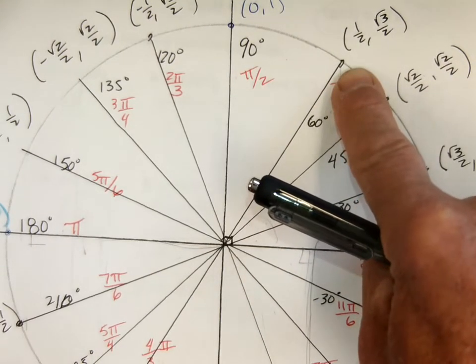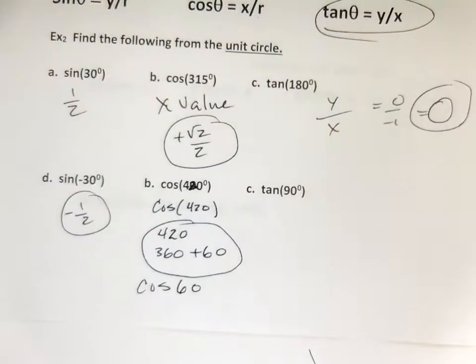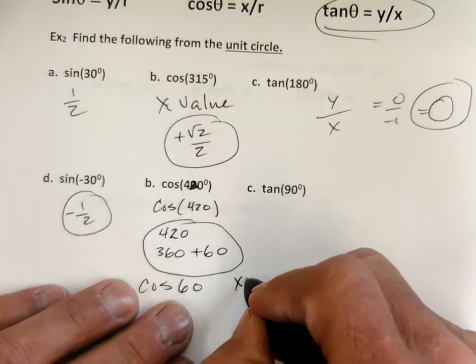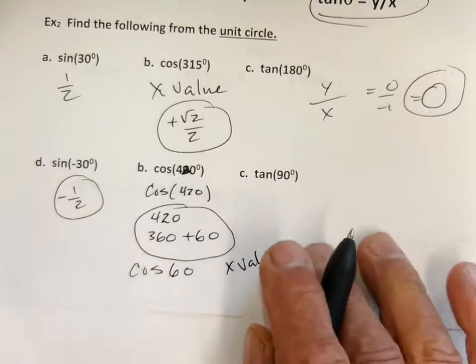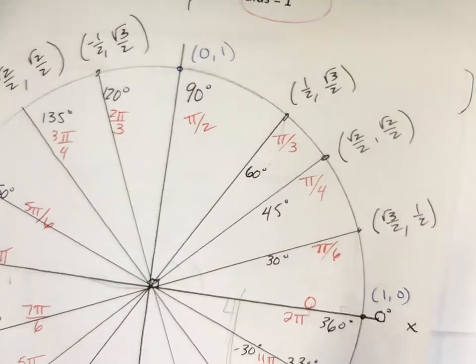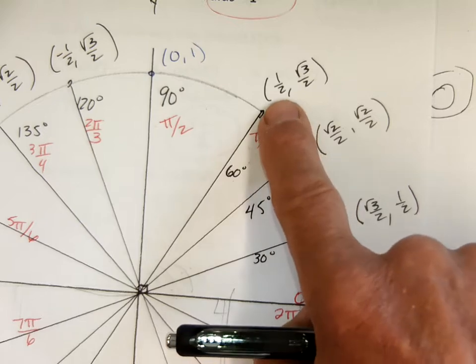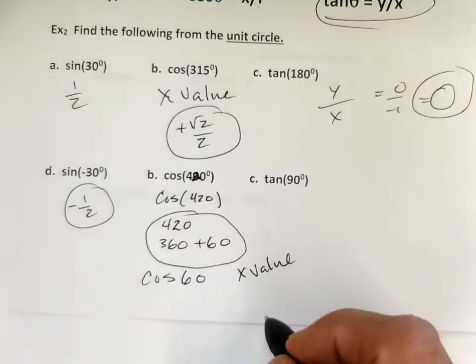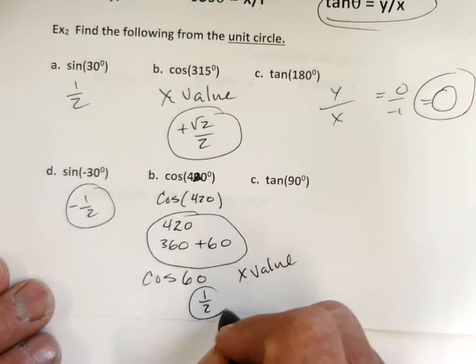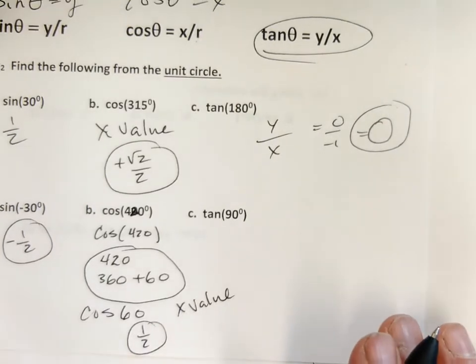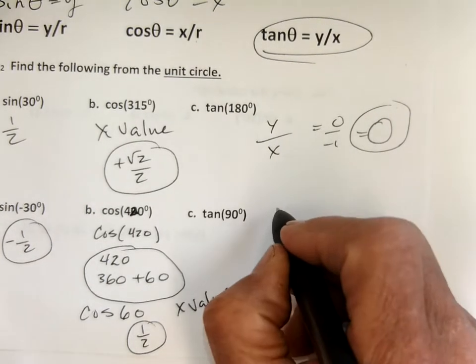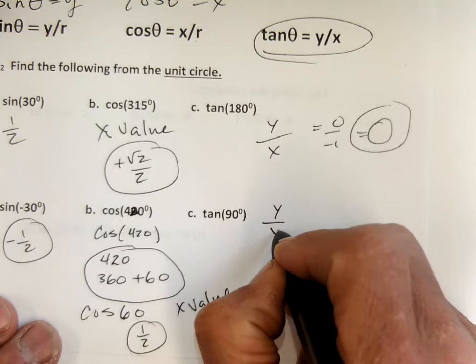All right, does that make sense? So then, I want the cosine, which is the x value. I want my x value. And my x value of cosine is 1/2. Cosine of 60 is 1/2, okay? I'm so smart. Tangent of 90, which is the y value over the x value, right?